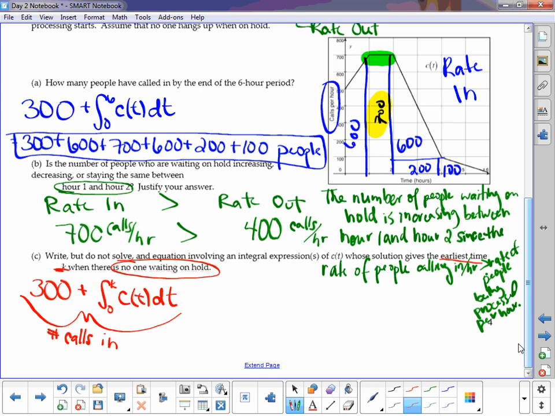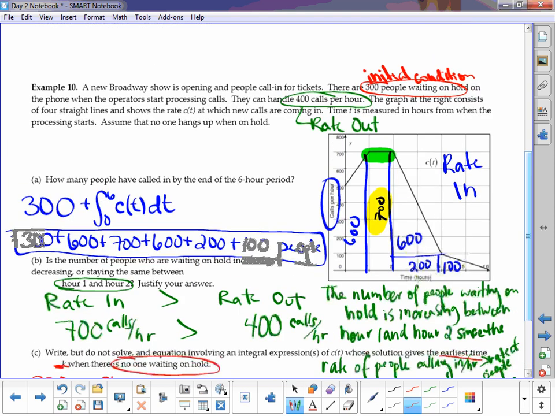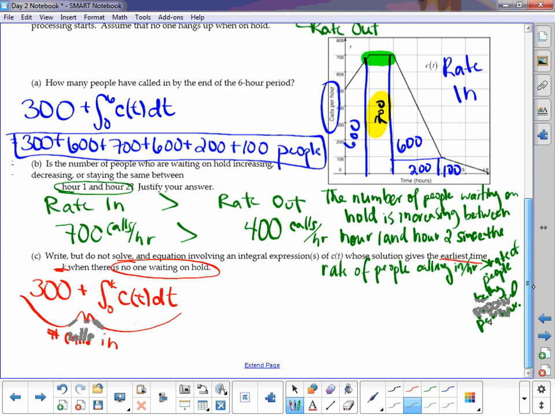And there's a couple of ways that you could do this. Remember, we have a constant rate of 400 calls per hour. So you could represent this as integrating the constant value 400 dt from 0 to k.